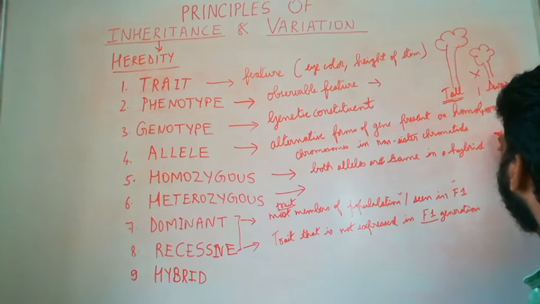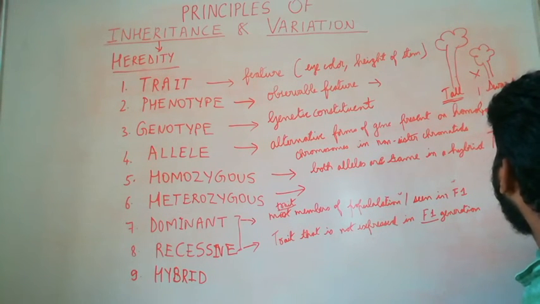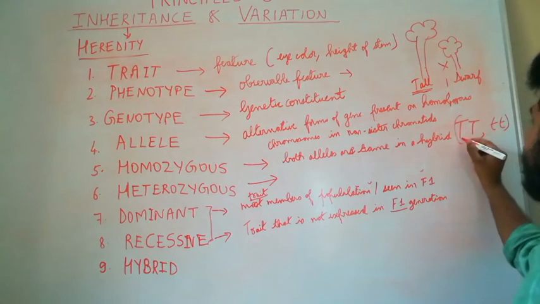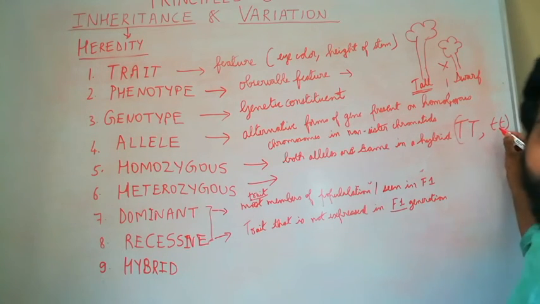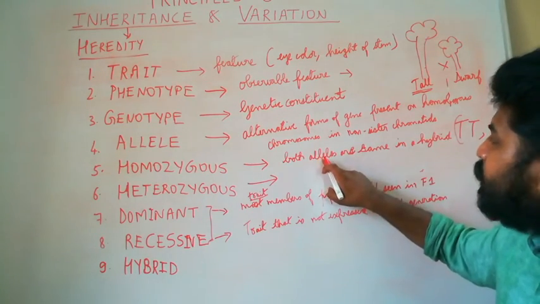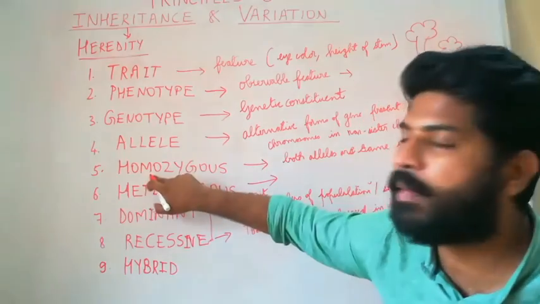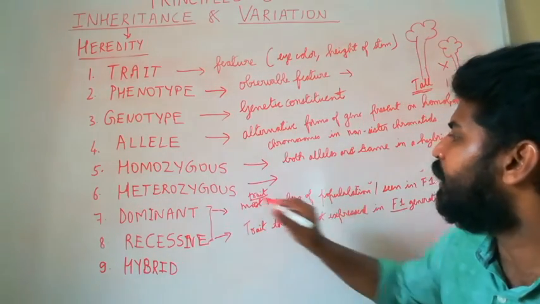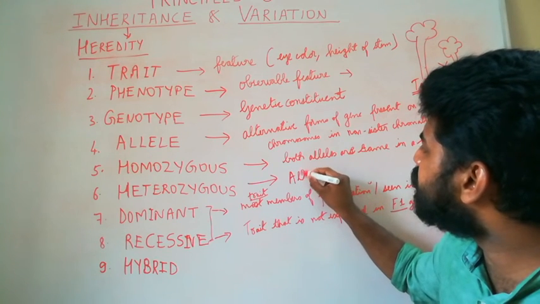For example, capital T, capital T or small t, small t. In this condition, both the alleles are tall alleles, or both the alleles are dwarf alleles. So in the hybrid condition, if both the alleles are the same, it is called the homozygous condition.